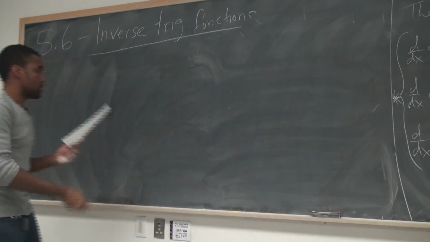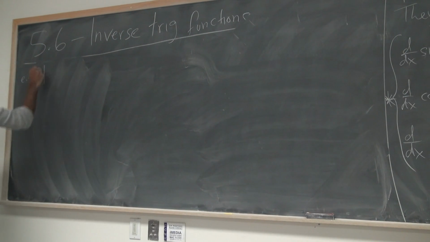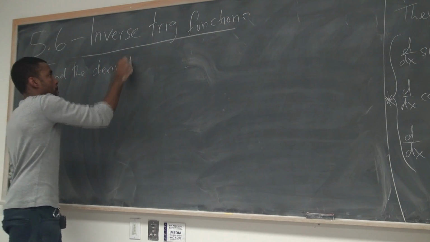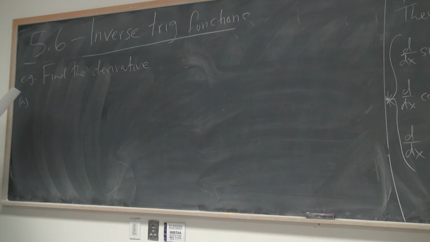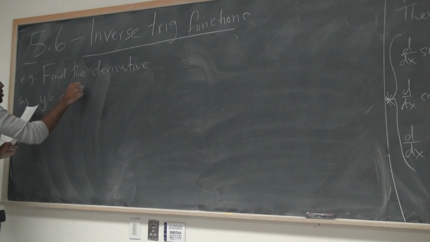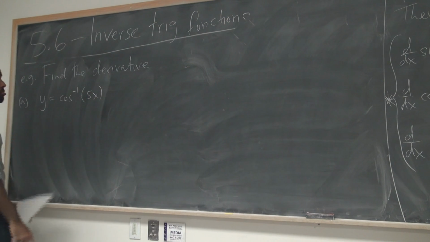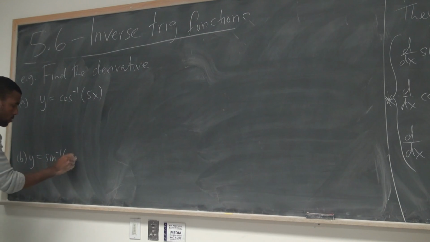So let's do some examples. Find the derivative. A: y equals cosine inverse of 5x. B: y equals sine inverse of 1 minus x squared.